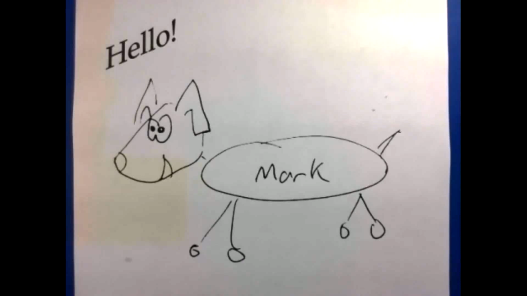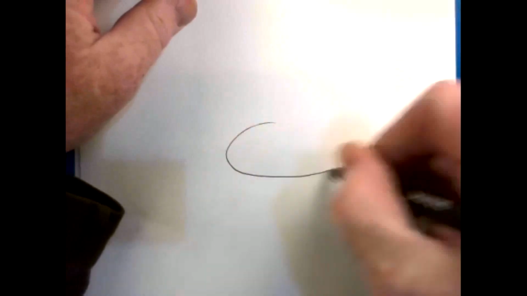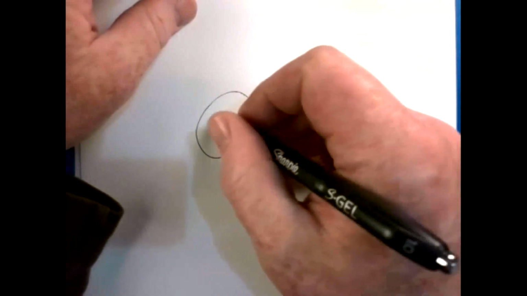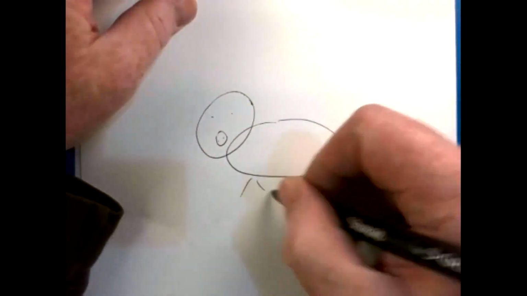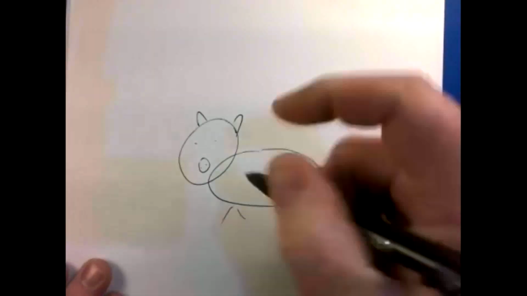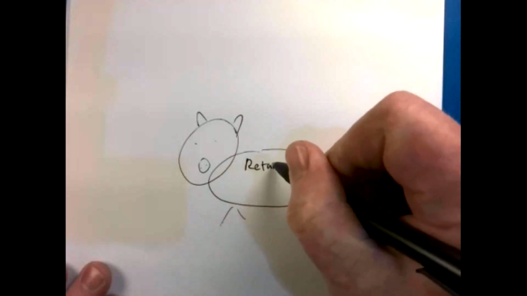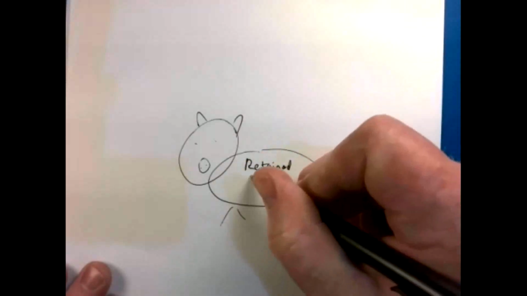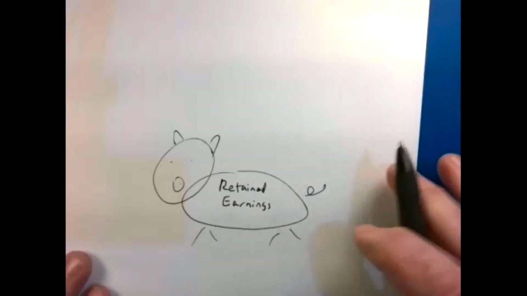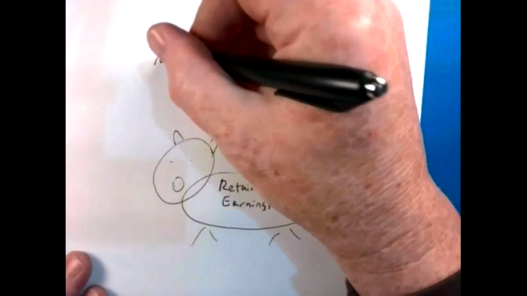So I tell you that retained earnings is sort of like a piggy bank. It's a piggy bank for the owners. Here's my piggy bank. Basically, net income goes into the piggy bank.